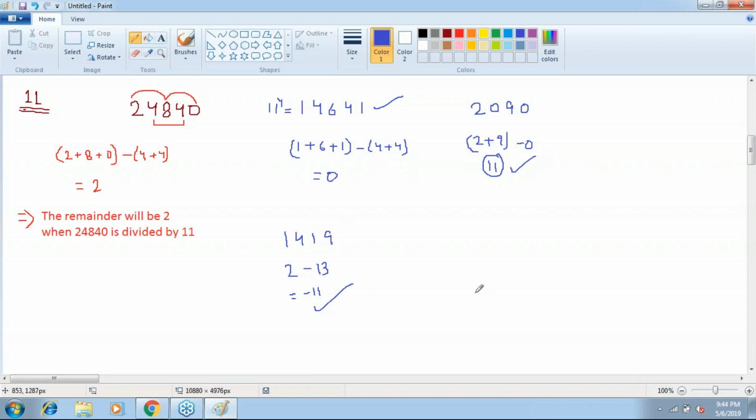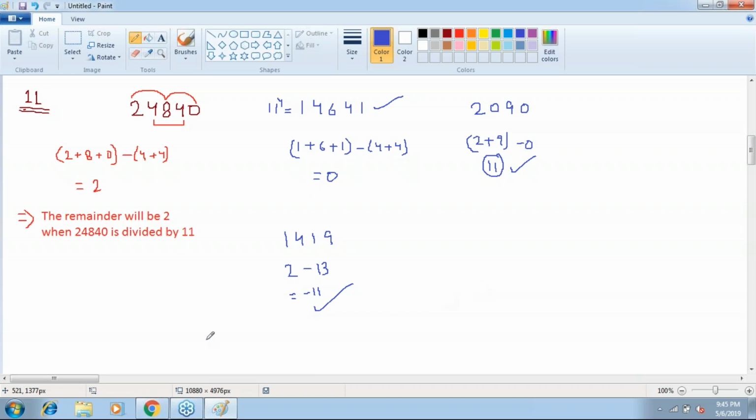So in short, when you split the digits into two groups of alternate digits each and subtract them, if you get 0, 11 or minus 11, the number is divisible by 11. And if not, then whatever that difference is becomes the remainder.